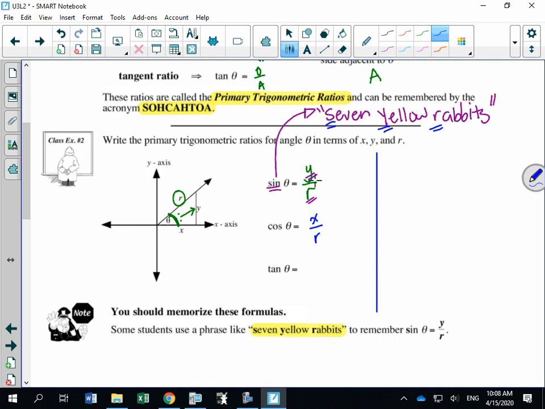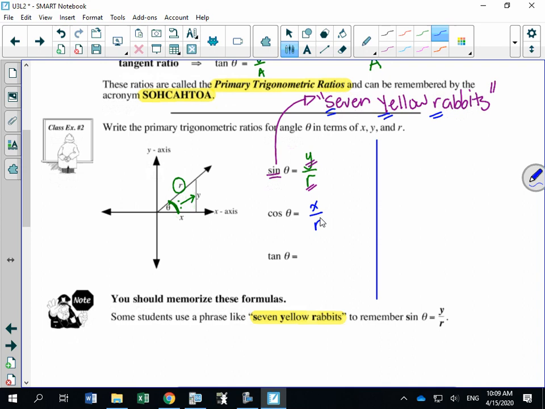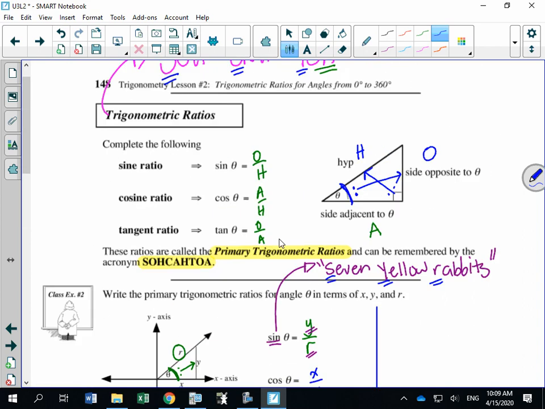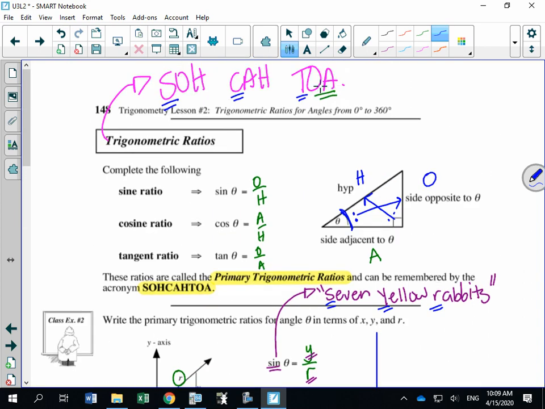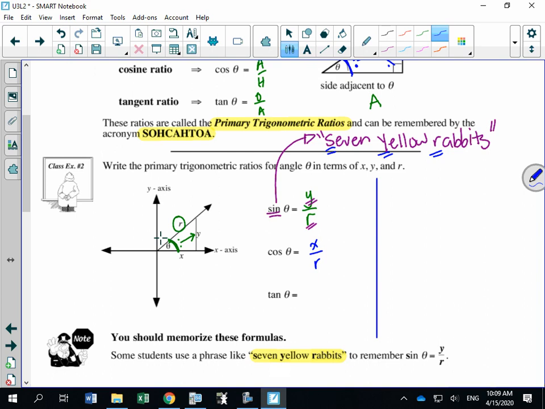Just remember that y goes with sine, x goes with cos. Tan is TOA, which is opposite over adjacent. According to this, the opposite side is y and the adjacent side is x. So my new trig ratio for tan is y over x.